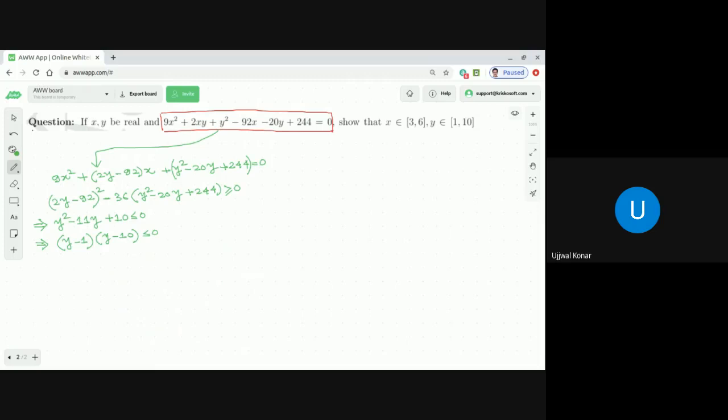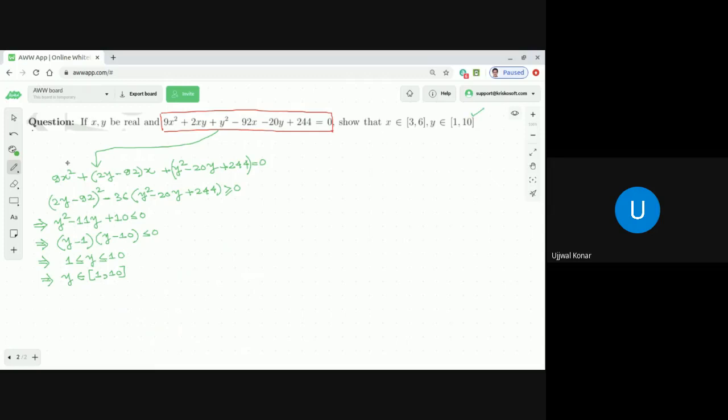The minimum is 1 and the maximum is 10. So 1 less than equal to y less than equal to 10. This implies y belongs to 1 to 10. Correct, dear students? This is what we are able to prove for the y part.